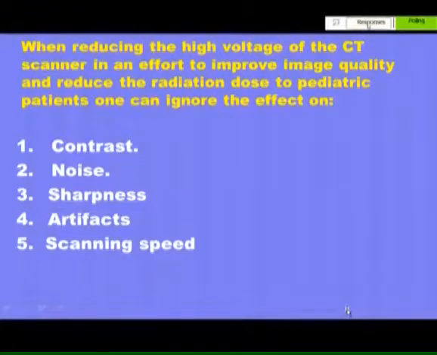So, last quiz question. When reducing high voltages of the CT scanner in an effort to improve image quality and reduce the radiation dose to pediatric patients, one can ignore the effect on contrast, noise, sharpness, artifacts, scanning speed. Timer's underway.